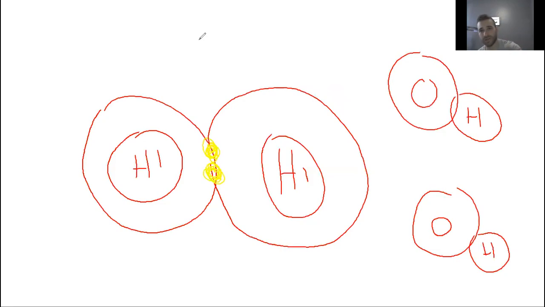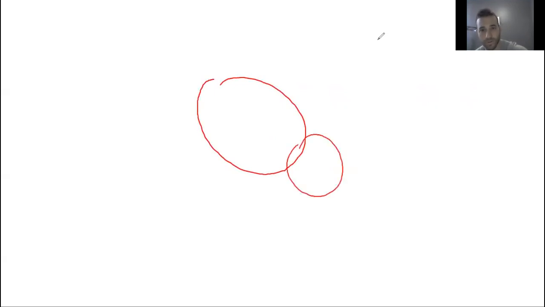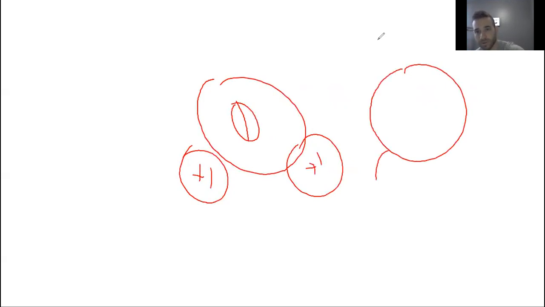So what this H2 molecule can do is this one will go to here, and this one will go to here, and the outcome is we end up with oxygen, hydrogen, oxygen, hydrogen.